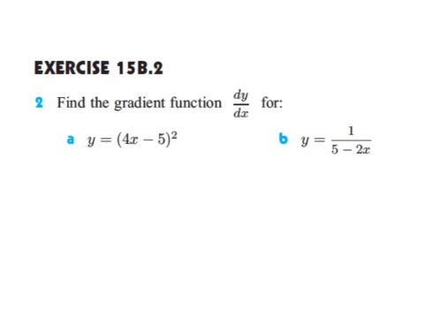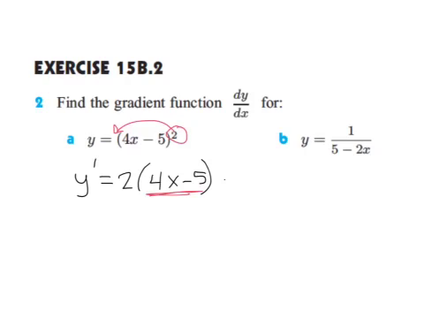Right. So here we're going to find the gradient of the function, dy dx, for y is equal to 4x minus 5, the whole thing squared. So the derivative of y is equal to, bring down the 2 in front of the parentheses, so we have 2 times 4x minus 5, 2 minus 1, which is just 1, so I'm not going to write that, multiplied by the derivative of what's inside.